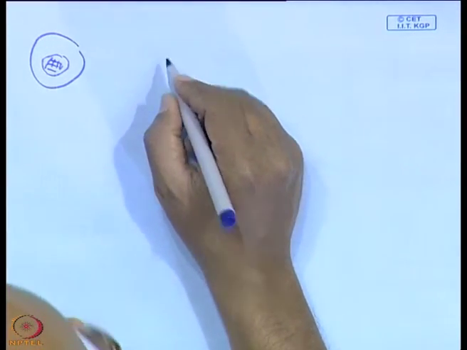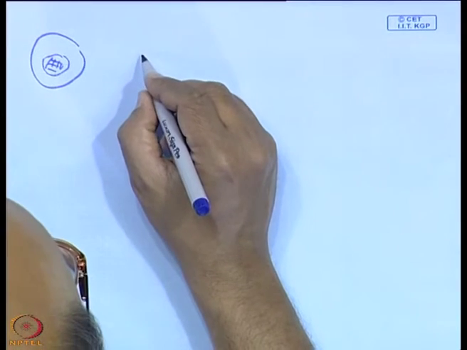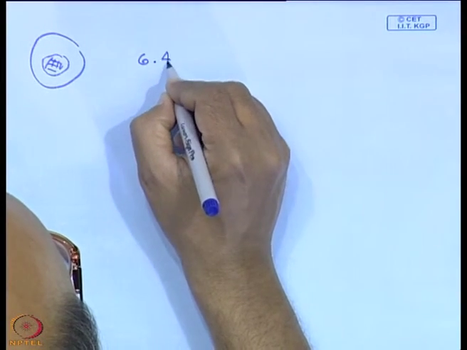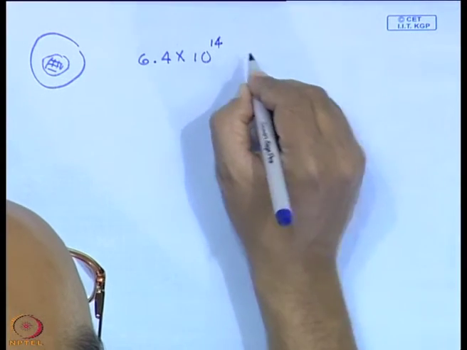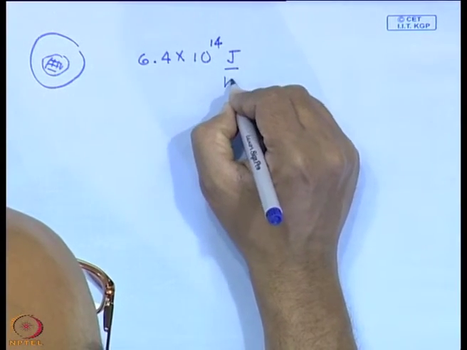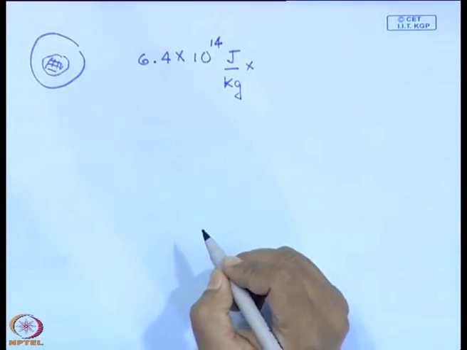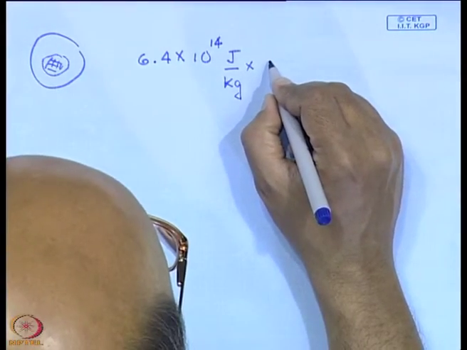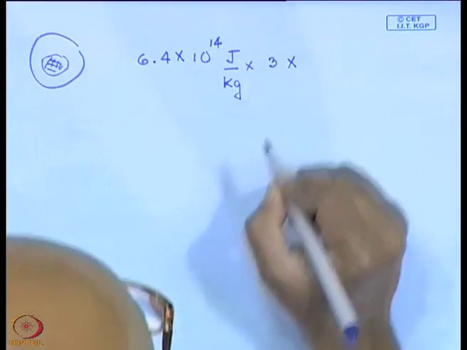Okay, so if I take 1 kg, let us start off this way. If I take 1 kg, I will get 6.4 into 10 to the power 14 joules per kg.